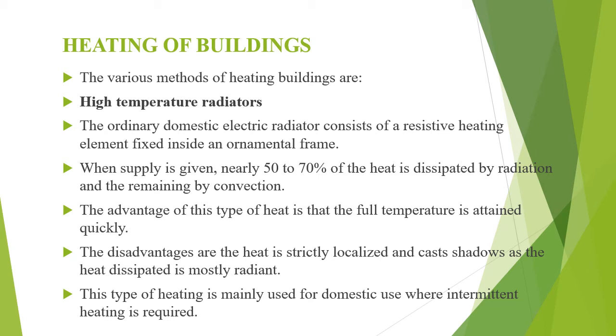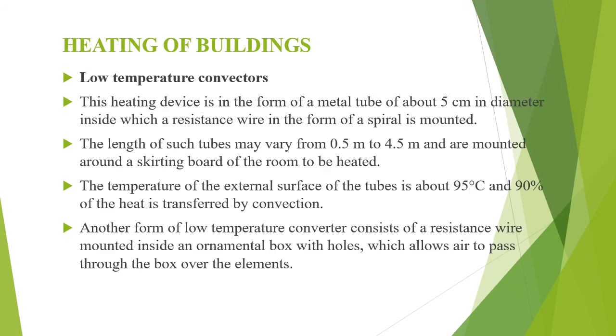The advantage of this type of heat is that full temperature is attained quickly. But the disadvantages are the heat is localized and it casts shadows as the heat dissipated is mostly radiant. This type of heating is mainly used for domestic use where intermittent heating is required.